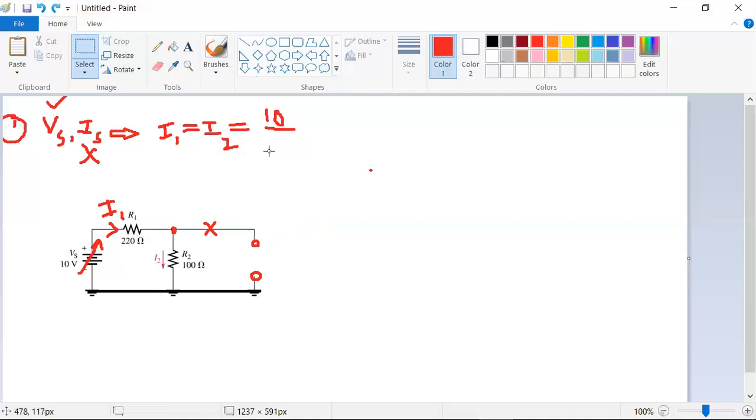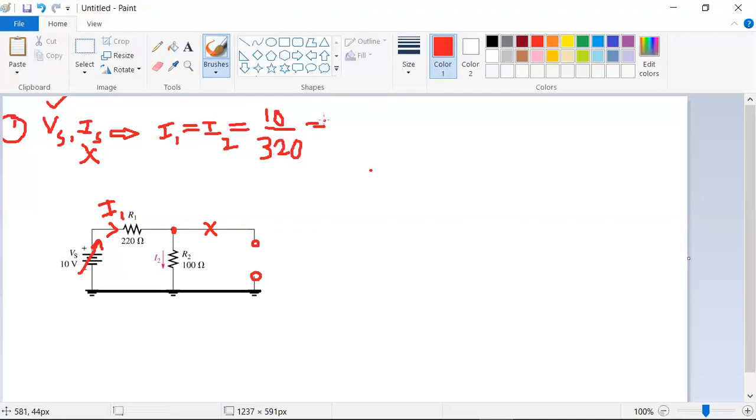Hence I1 is equal to I2 is equal to 10 divided by the resistance R1 plus R2. Here the resistances are 220 and 100, so the sum is 320.